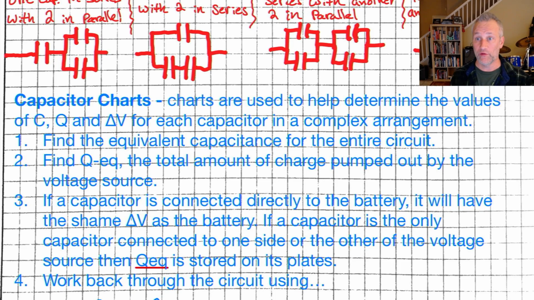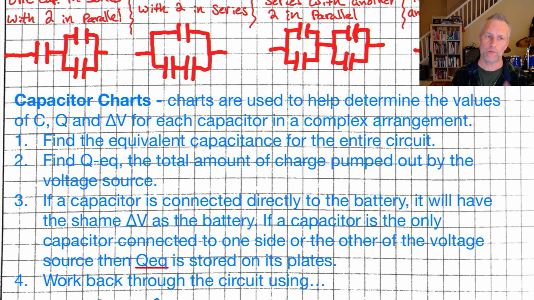Once you know the equivalent capacitance for the entire circuit, you're going to find the charge that would be on that equivalent capacitor based on the voltage from the source, the battery, whatever it's connected to, and the equivalent capacitance. Then you'll work your way back through the circuit, finding the individual values of charge and capacitance.